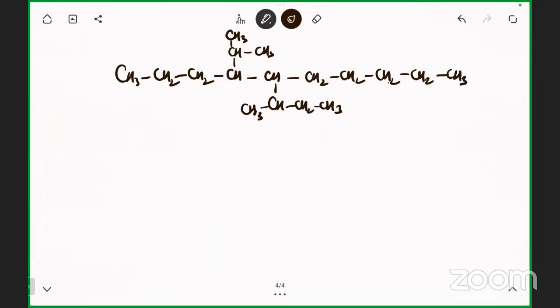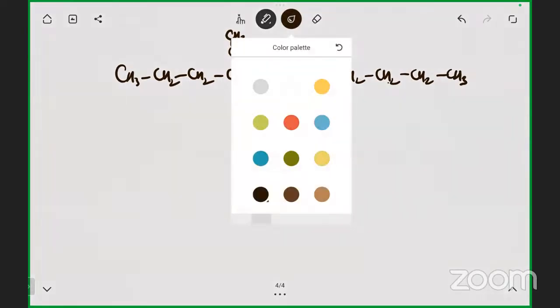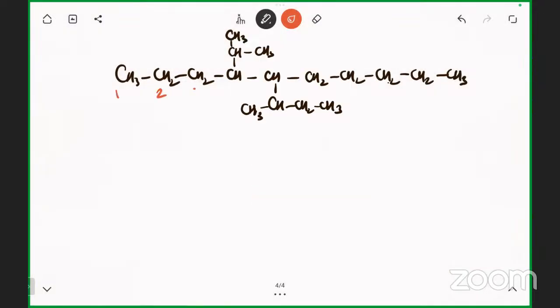Do the naming. Numbering from the left hand side or the right hand side? From the left hand side we'll do the numbering: 1, 2, 3, 4, 5, 6, 7, 8, 9, and 10.